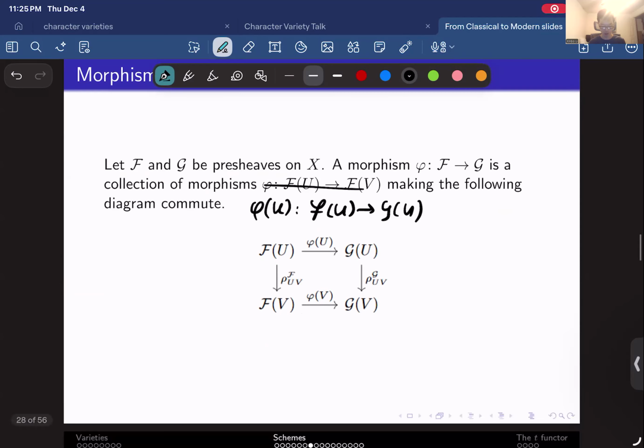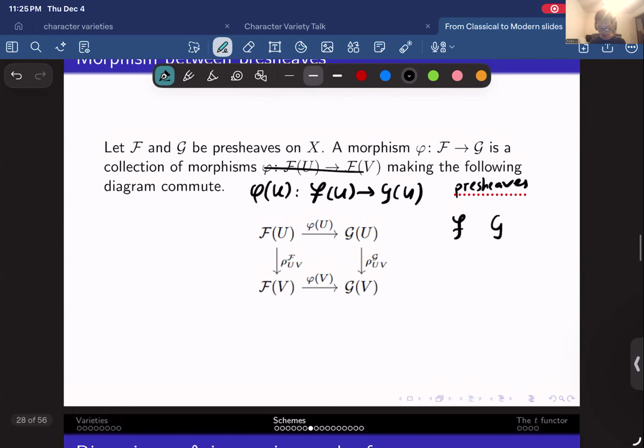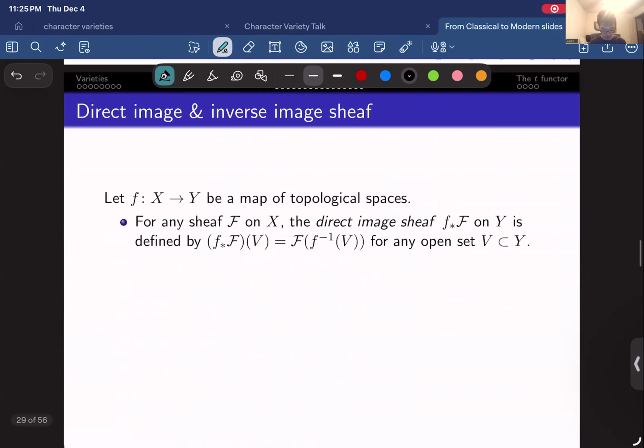Because previously I introduced the notion of viewing presheaves as functors, you can say that if I have functors F and G, like presheaves, then a morphism phi between F and G is just a natural transformation between the functors, which is the same as saying it makes this diagram commute over here.